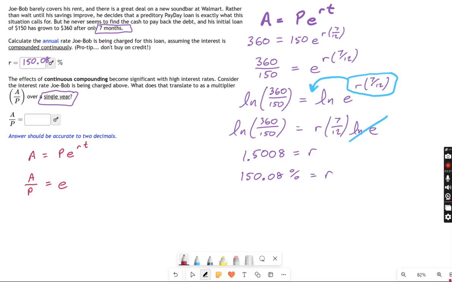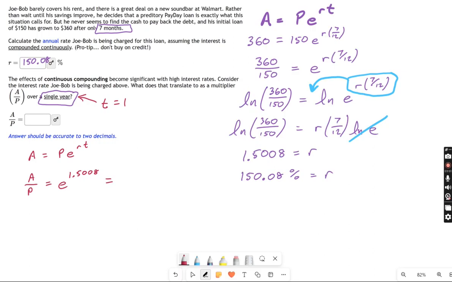Well, we know what r is. Back to decimal form, though. r is 1.5008. And then there's t. So get that on there. What's t value? Oh, that's right. t equals 1. Okay, for a single year. So r times t is just 1.5008. And this is something you can calculate. Just plug it into your calculator.